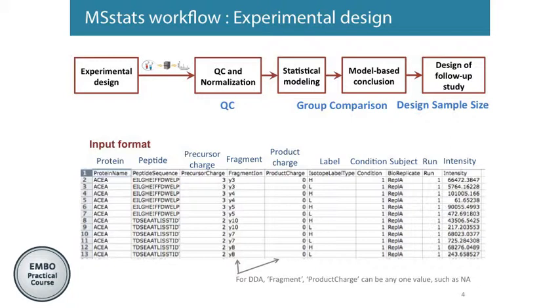There are three main functions, and this is the name of the function in Skyline. QC handles the quality control step. Group comparison handles the modeling and generates the conclusion and visualization. And last, design sample size handles the design of the next sample size.